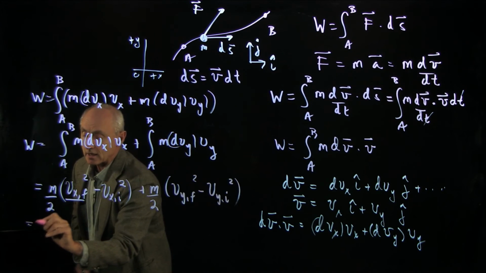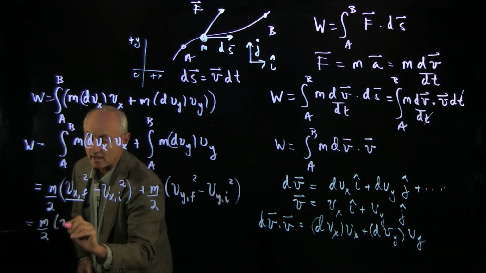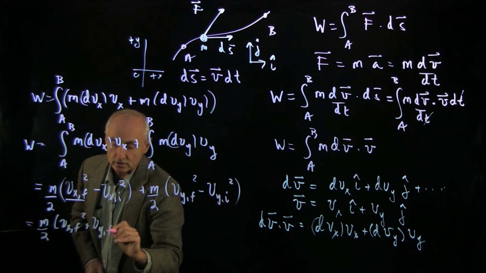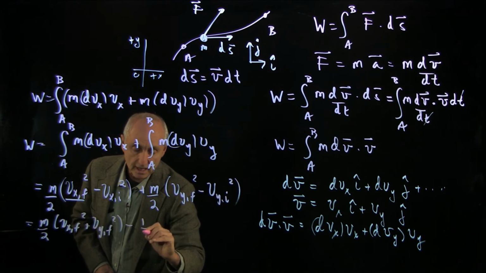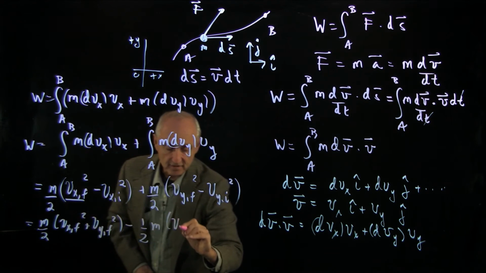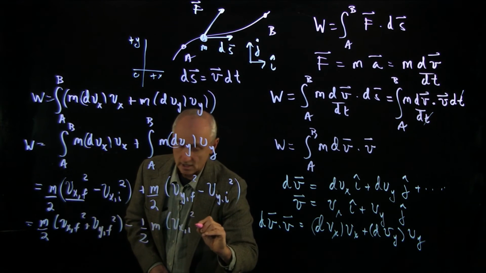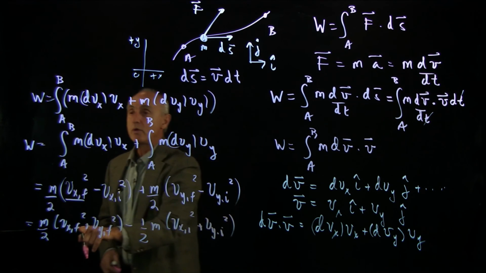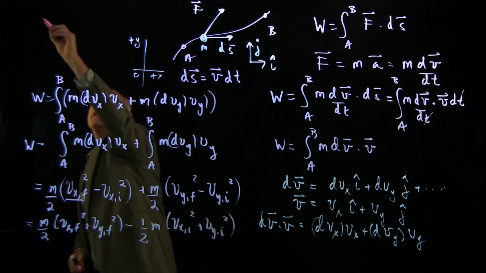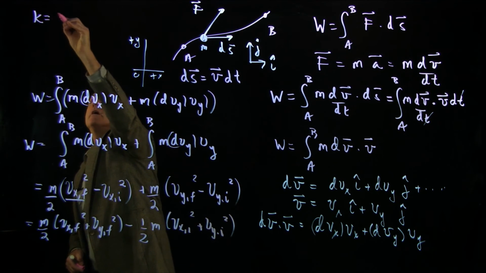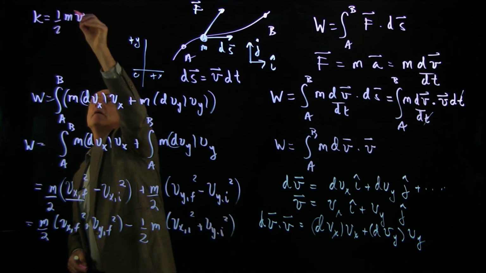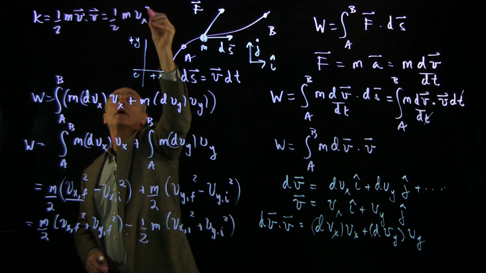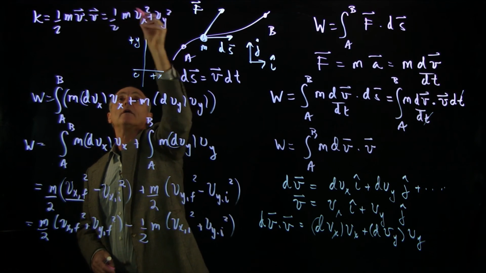And when I combine our terms, 1/2 m times vx final squared plus vy final squared, minus 1/2 m times vx initial squared plus vy initial squared. We've already shown that our kinetic energy, 1/2 m v dot v, is 1/2 m vx squared plus vy squared.